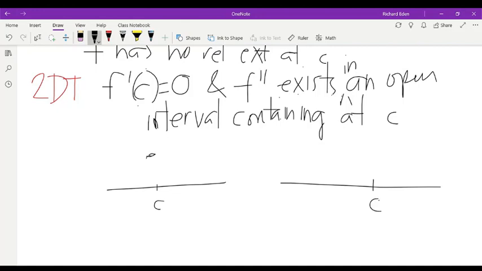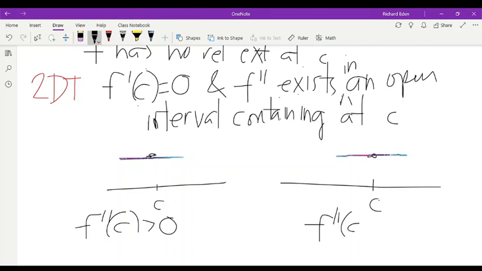Suppose these are, in these two illustrations, the points on the graph corresponding to c. f prime of c is 0, so you have a horizontal tangent line. And then how you use the second derivative is you check the sign of the second derivative when evaluated at c. Is it positive or is it negative?